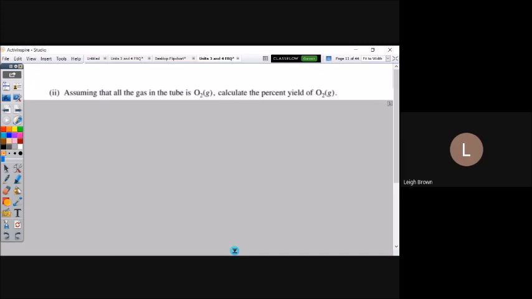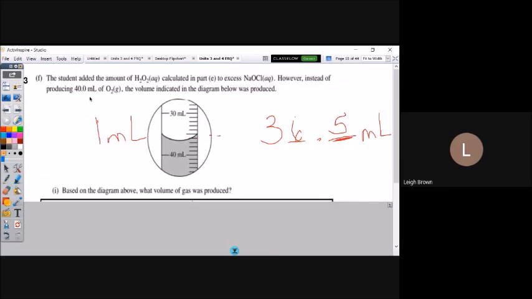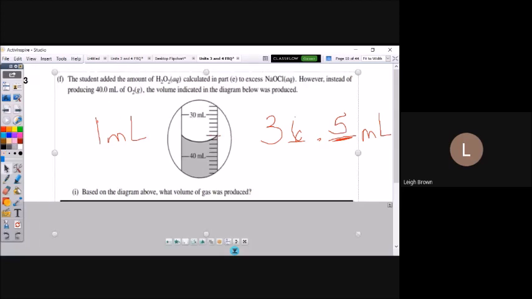And it's asking you what's the percent yield. Well, whatever answer you got in your previous question is your actual. So remember, your actual lab information is the actual, and you will be told what it should have produced, 40 milliliters.